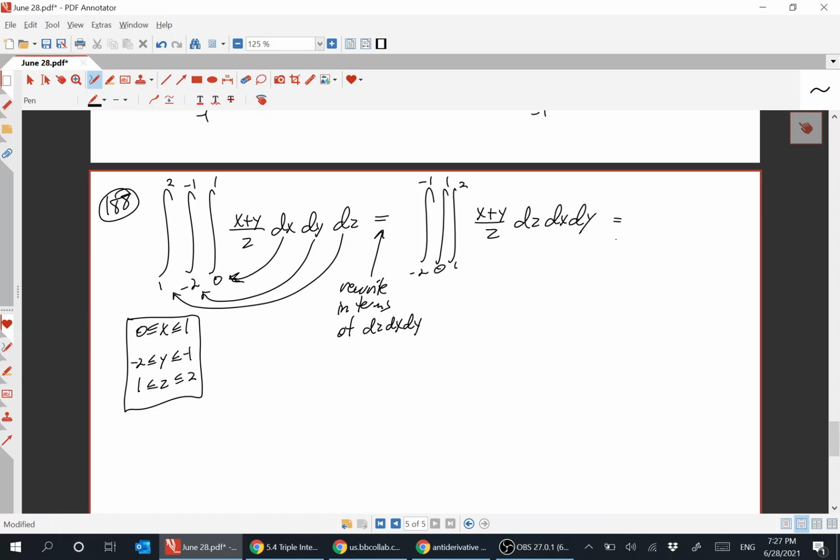So what is the antiderivative with regard to z here? So x and y are constants. We're just doing the antiderivative with regard to z. This function is x plus y, which is a constant, times 1 over z. So the antiderivative is x plus y times the natural log of z.